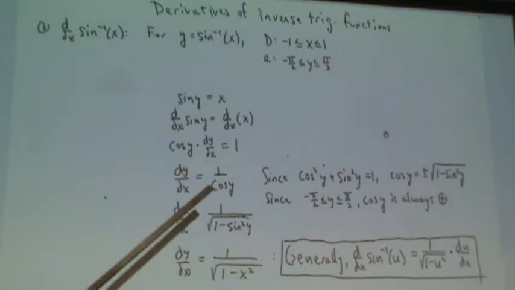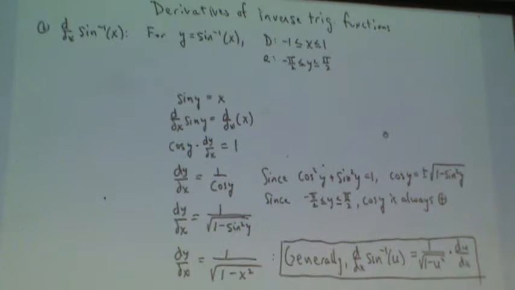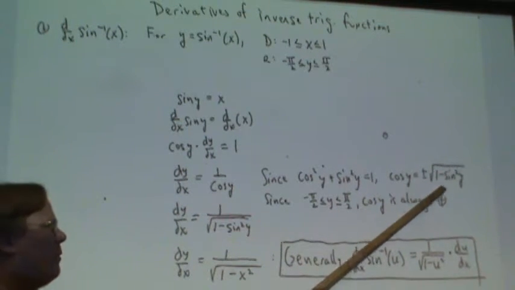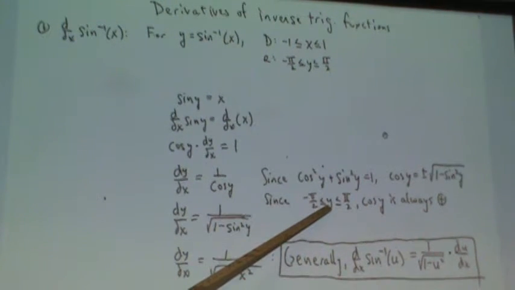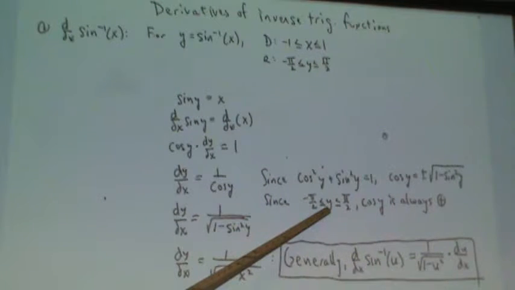The problem is I want my derivative to be in terms of x, not y. So I go cosine squared y plus sine squared y equals 1. And so cosine of y equals plus or minus radical 1 minus sine squared y. But here's where my discussion about domain and range comes in. y only lies between -pi/2 and pi/2.